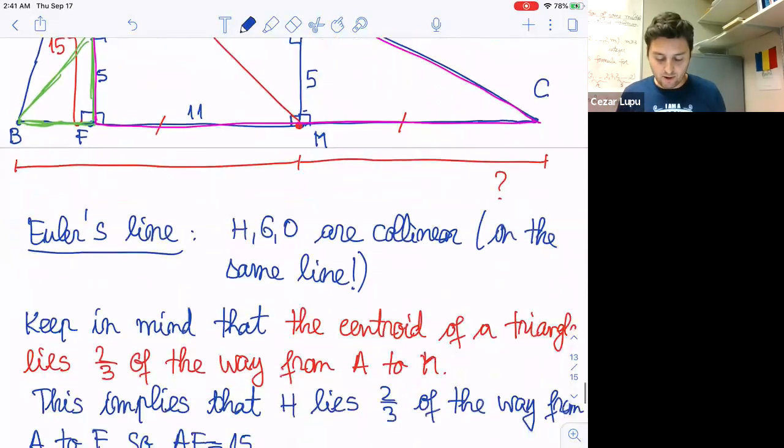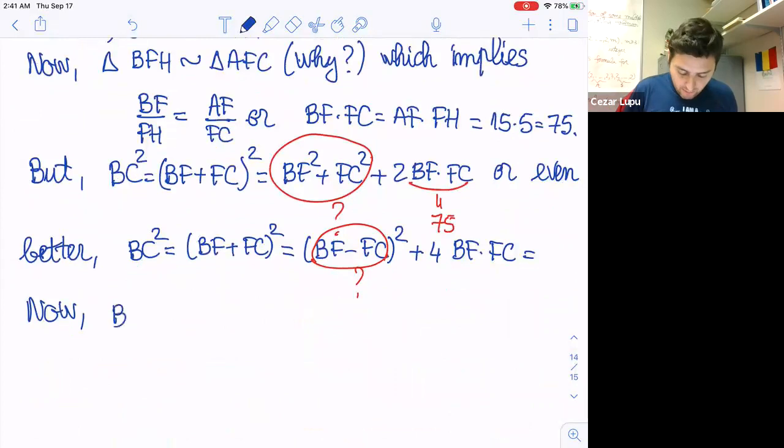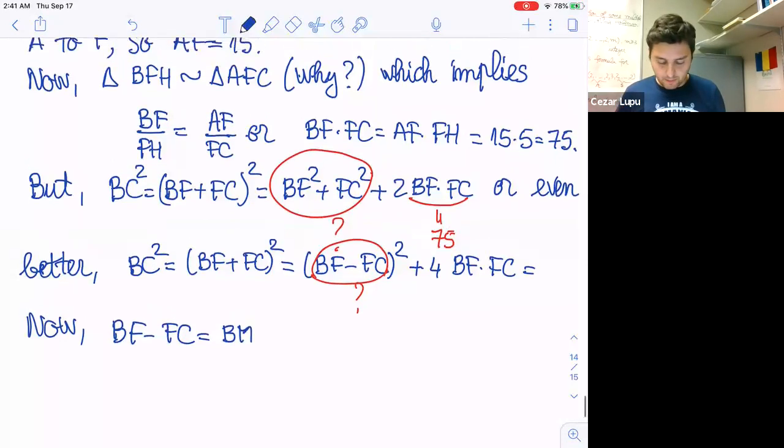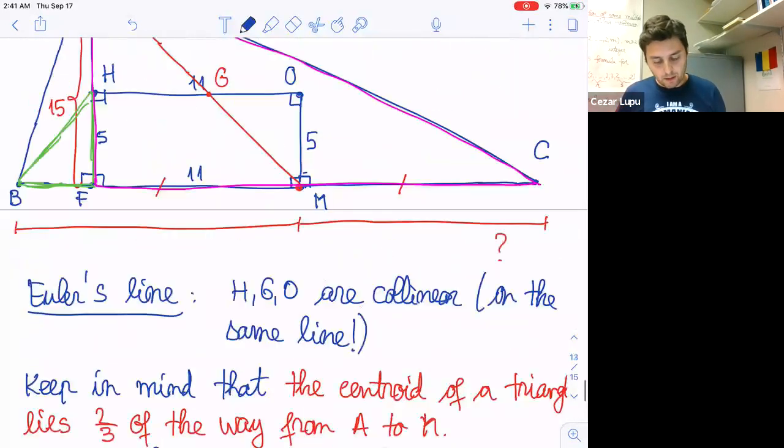So I can do this trick. Now BF minus FC, this will be BF. So I kept it, so this will be, let's say, BM plus MF.